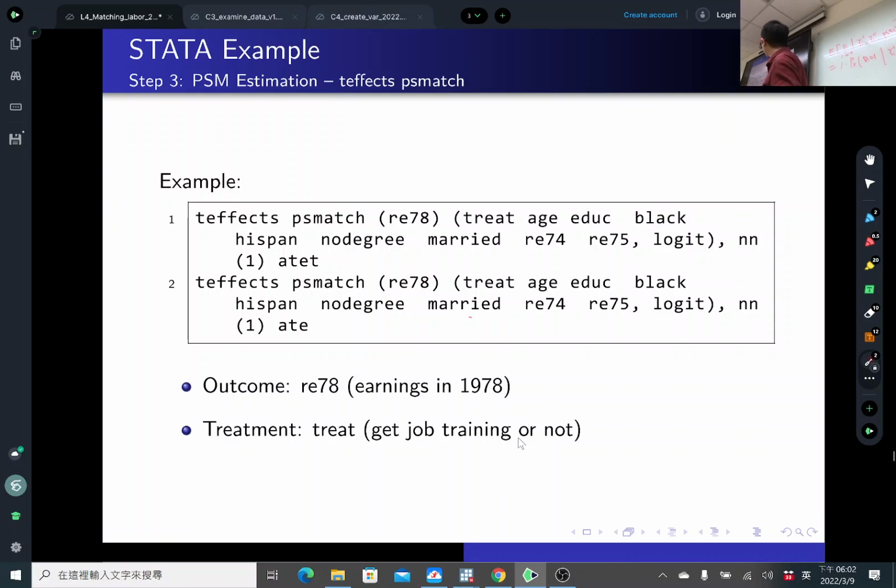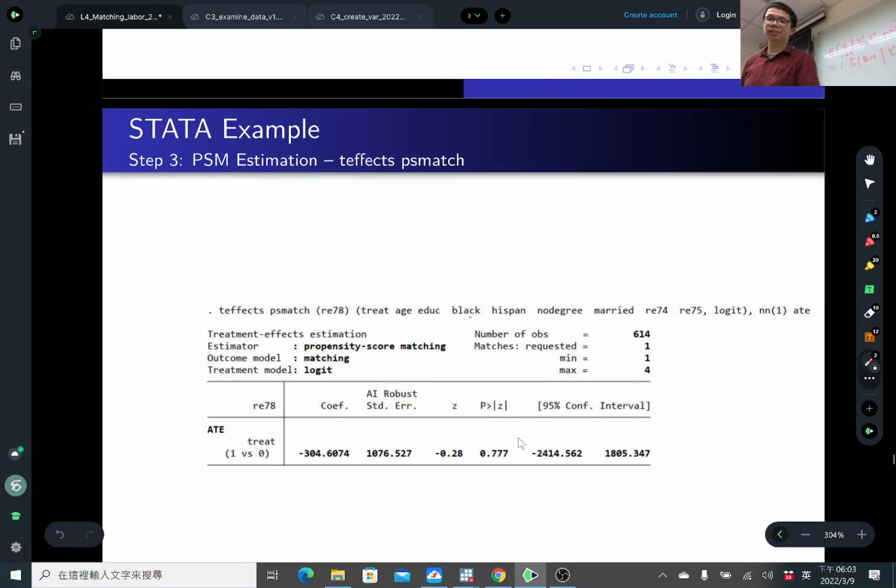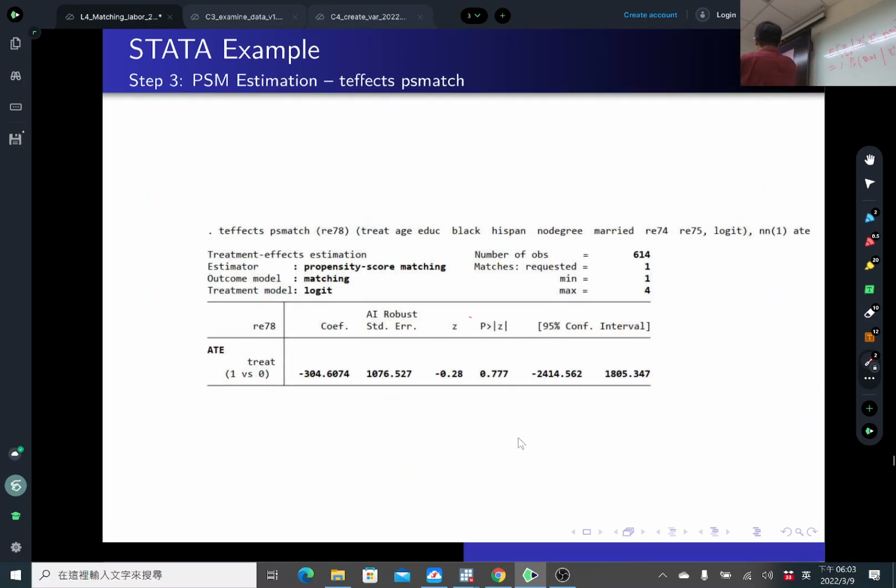So I finish this example and then we have a break. So our outcome is earning, treated is our treatment variable, and the covariates, and we want to know the average treatment effect on the treated. Okay. And this is average treatment effect for whole sample. And this is the result if you implement.